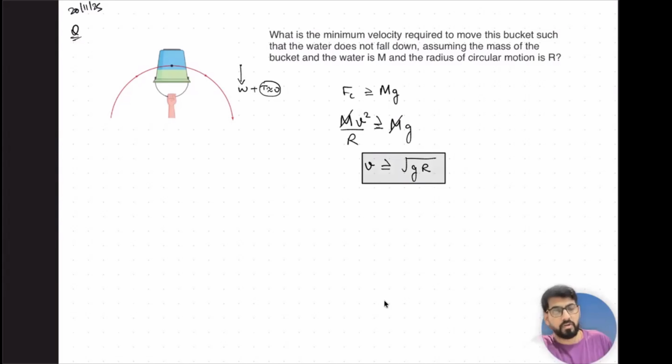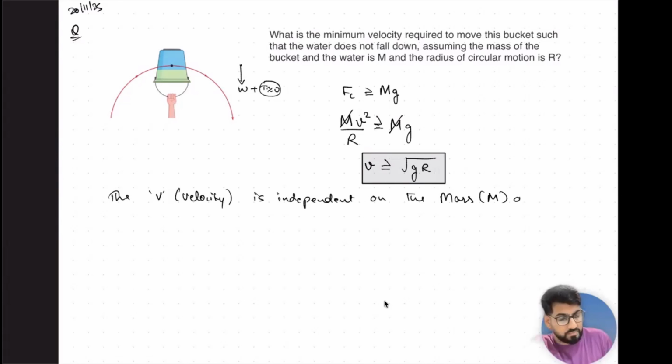One important point to be noted here, guys, is that in such a situation this velocity V is independent of the mass m of the object.